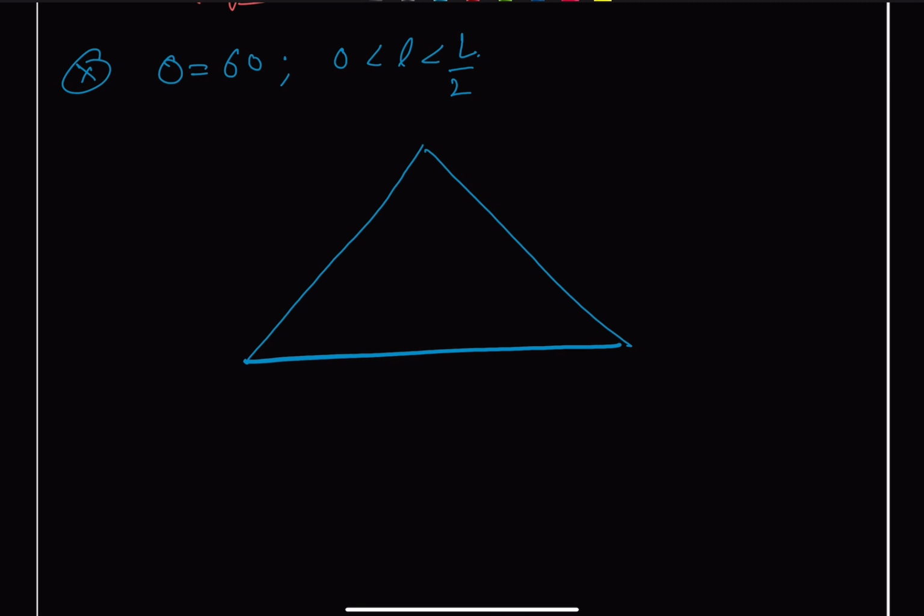We can assume any position, and suppose this is our L by 2, and let us assume that we have a position that is somewhere here, and this position is our L by 4, and angle is given to a 60.